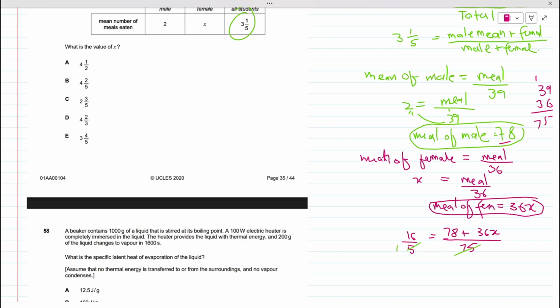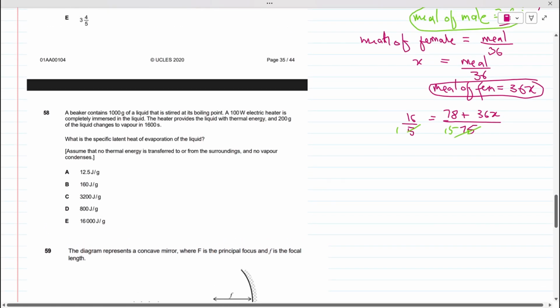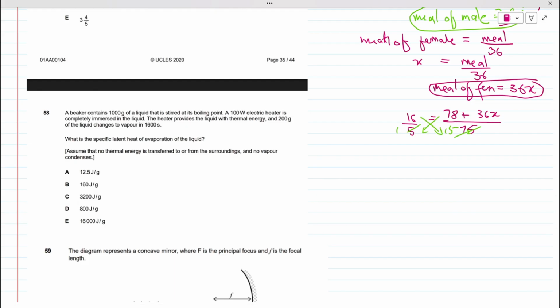So 5 ones are 5, 5 ones are 5, 2 is gone here, and then 5 threes are 15. Fine. Now you just have to do what? Cross multiplication. So not numerator multiplied by numerator, but cross multiplication, right? So you just have to multiply cross. 16 would be multiplied by 15, and of course 1 would be multiplied by 78 plus 36x, which would remain the same.